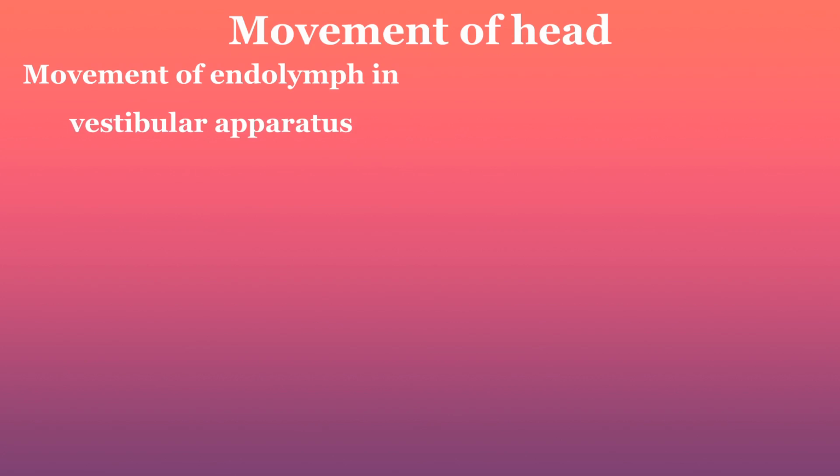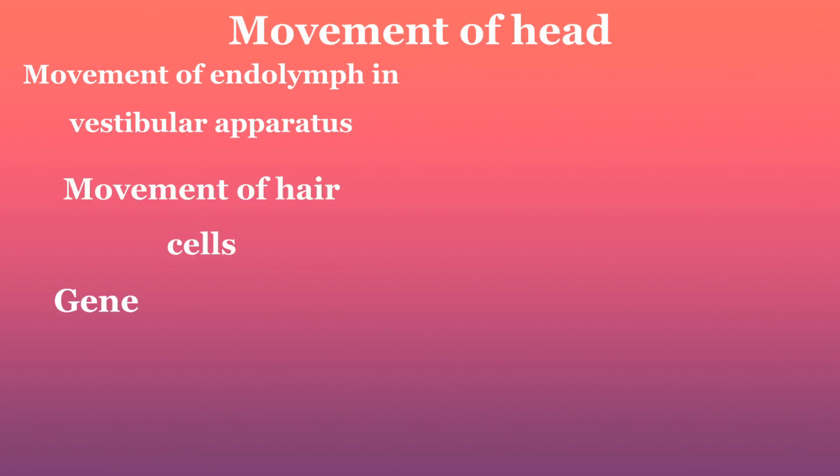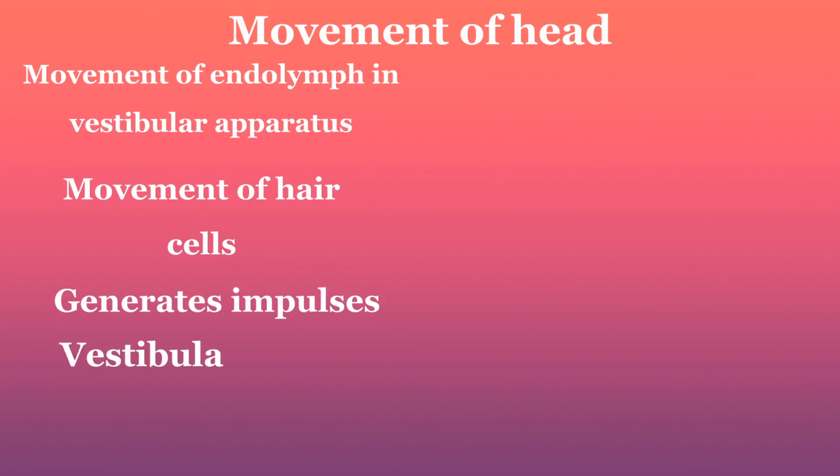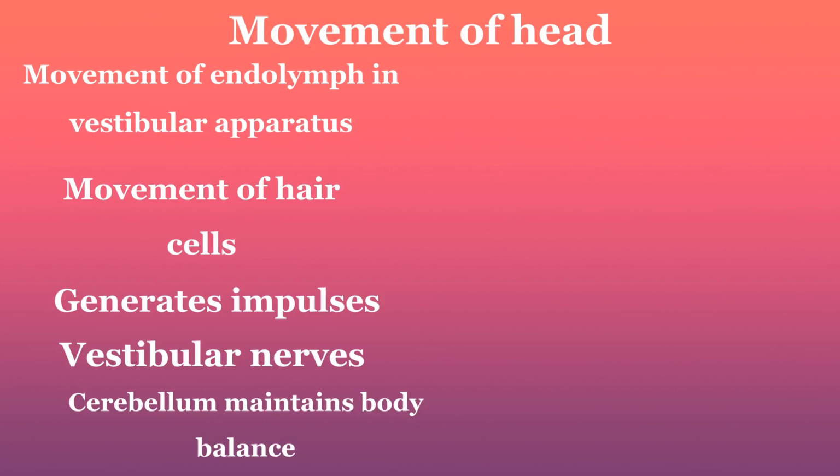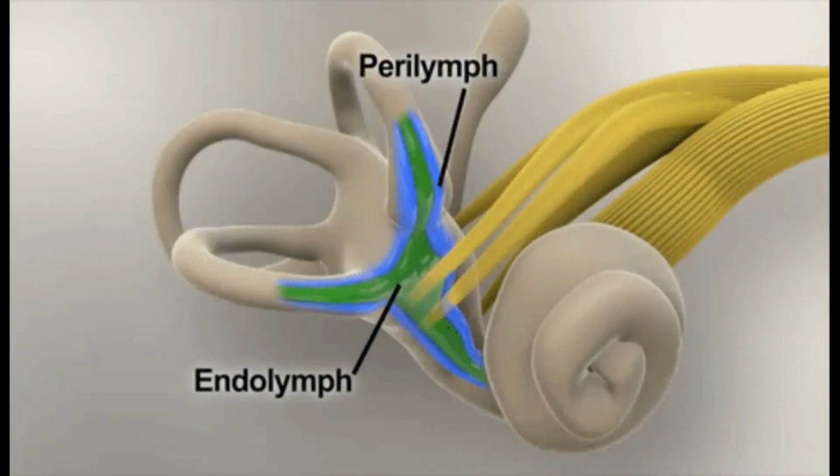This causes movement of the sensory hair cells and generates impulses. These impulses are transmitted by the vestibular nerves to the cerebellum and the equilibrium of the body is maintained. Here you can see the two fluids inside the internal ear, which are the perilymph and endolymph.